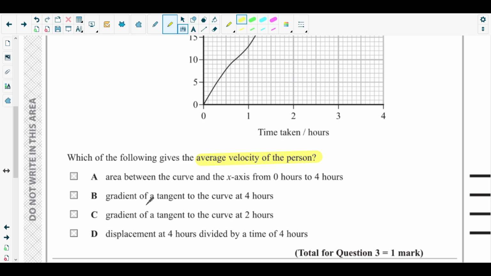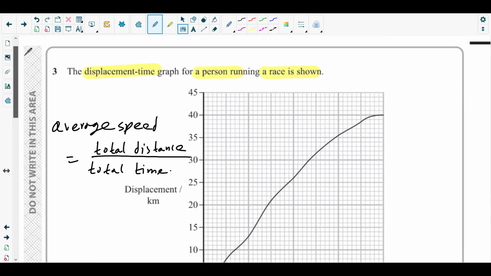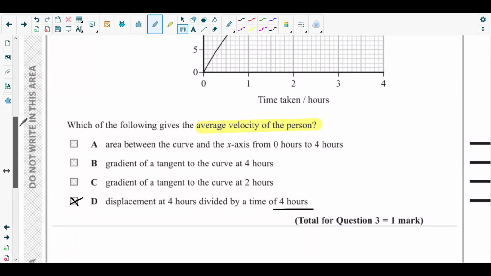Option C, gradient of a tangent to the curve at 2 hours, is also instantaneous velocity, so not possible. So only D remains: displacement at 4 hours divided by a total time of 4 hours. D is the answer, total displacement over the total time taken. So that's the answer for MCQ number 3.